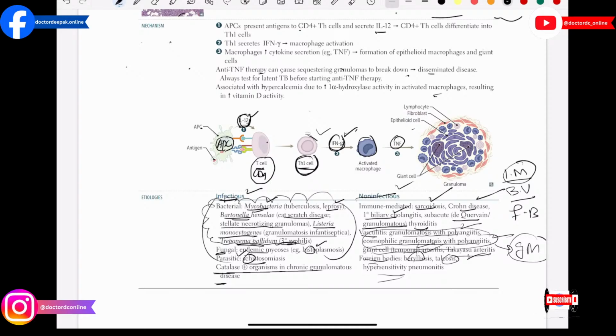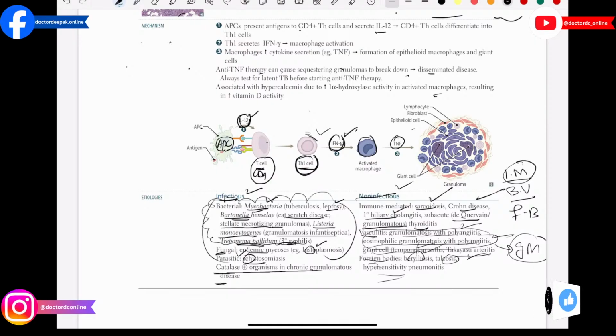Non-caseating has no central necrosis, and the causes include immune mediated, vasculitis, and foreign bodies. Then we have caseating. In caseating, we have central necrosis, and the causes include bacterial, fungal, parasitic causes, and catalase positive organisms. So these are the examples of caseating granuloma.